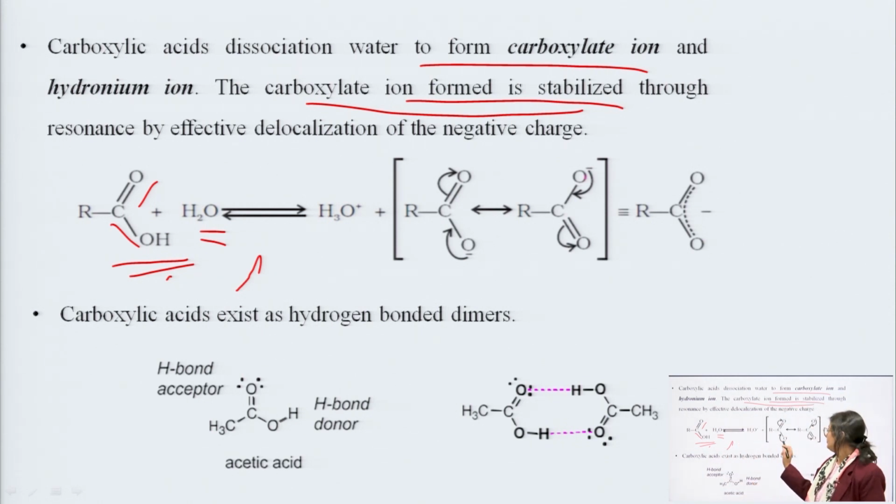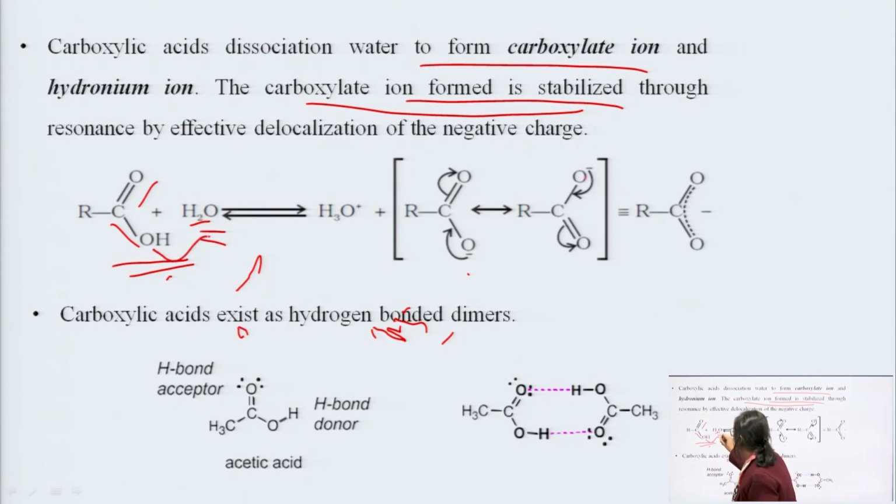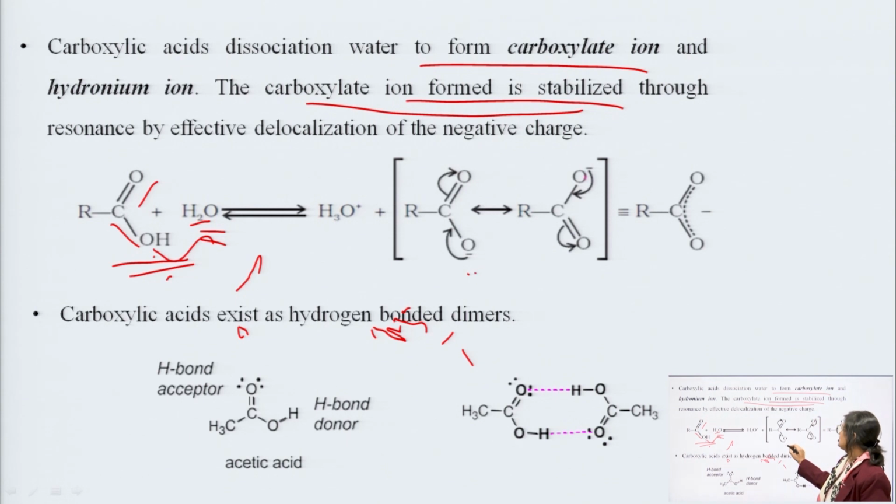In the presence of water, the hydronium ion is formed, which is H3O plus, along with the removal of this hydrogen atom, making it RC double bond O, O minus, imparting a negative charge onto the carboxyl group, forming the carboxylate ion.